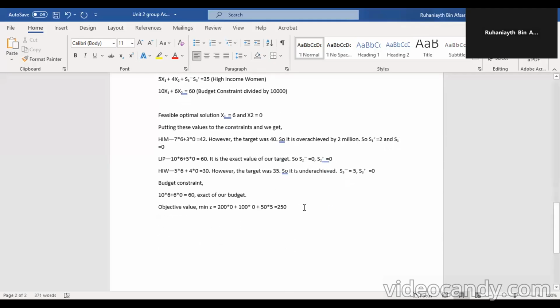So we get the objective value where the deviation s3 negative is 5, as it is underachieved.